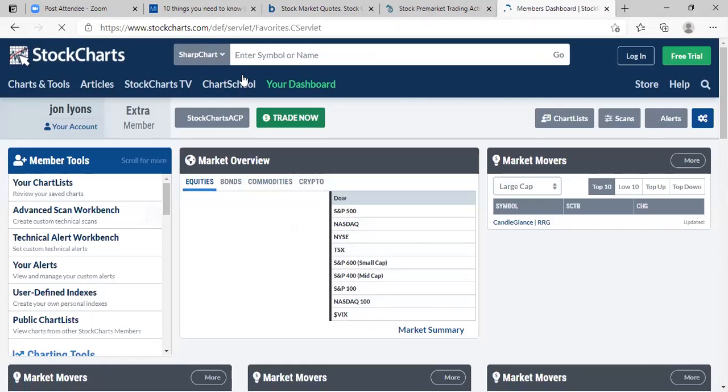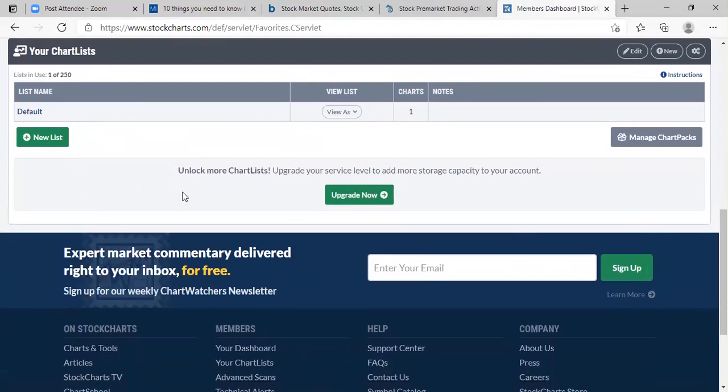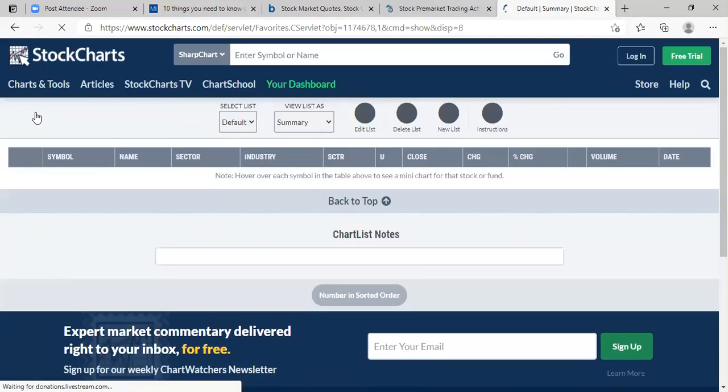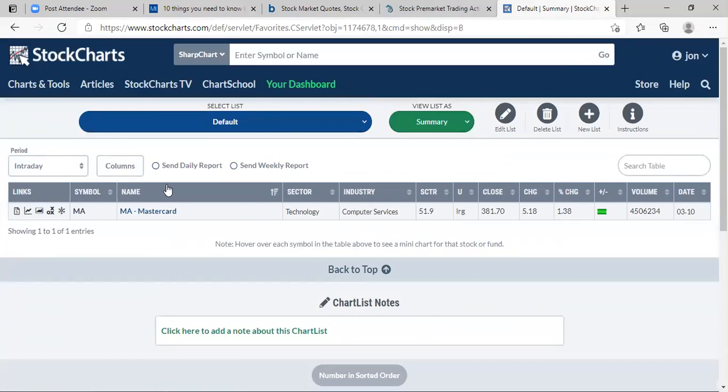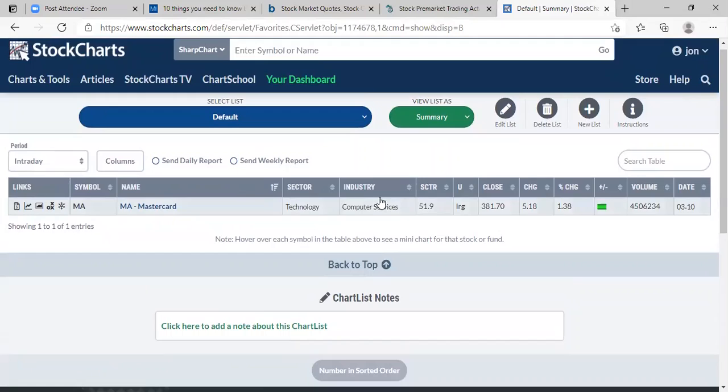First one, the chart list. Okay, so you would want the chart list, and here is this one that I had here, which was the default one, and it has MasterCard as the one I got on here.